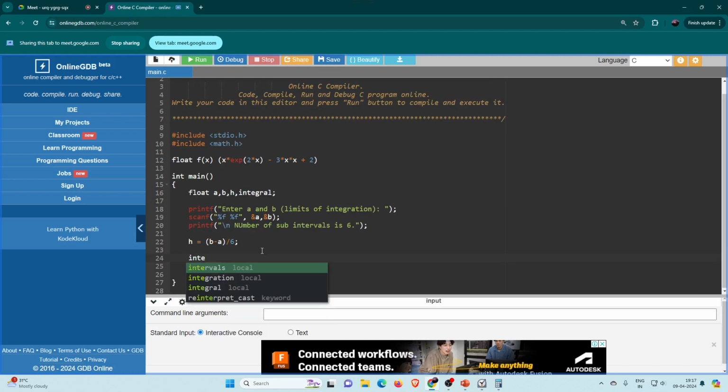So I'll initialize this to 0, then I'll start adding.